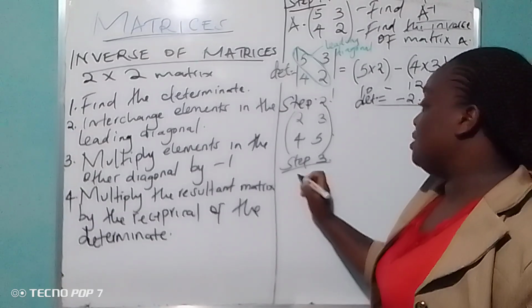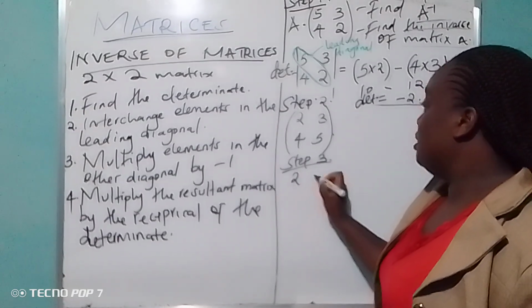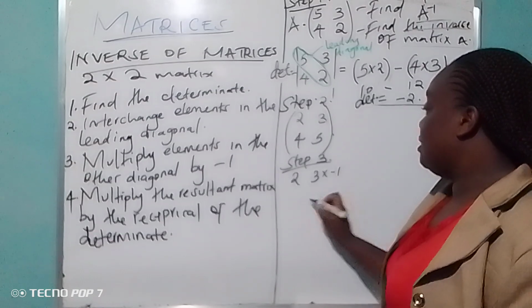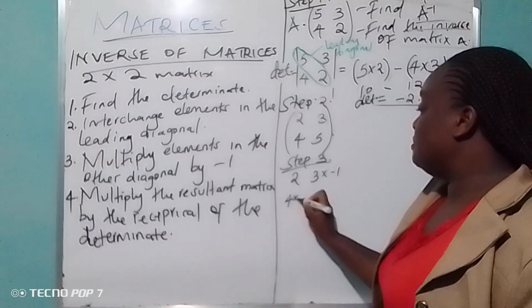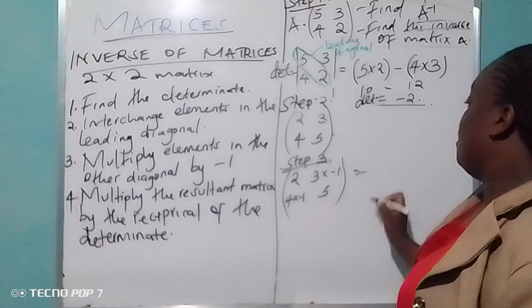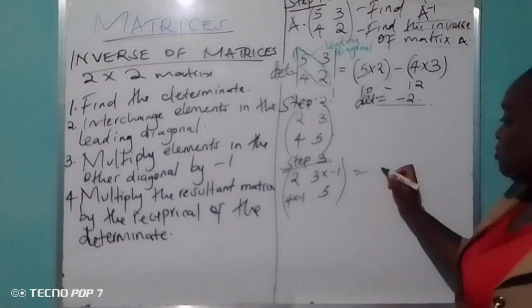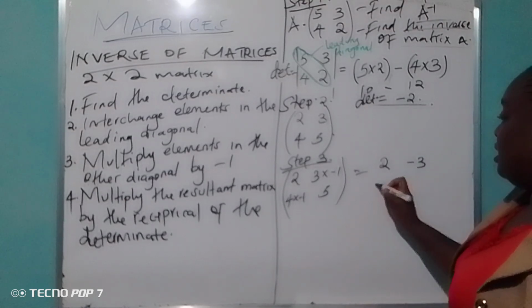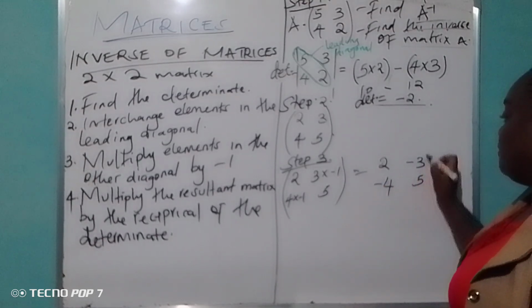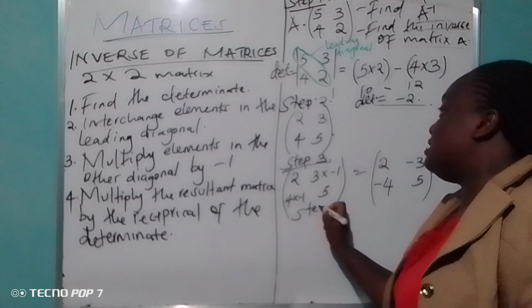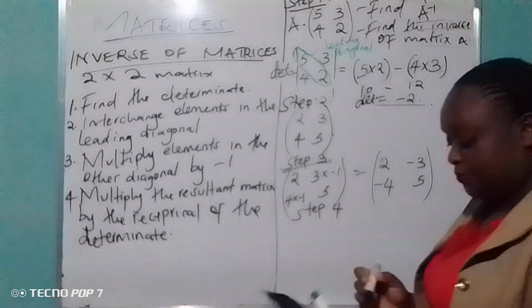So we have 2, then 3 times -1, then 4 times -1, then 5. So our resultant matrix will be 2, -3, -4, 5.